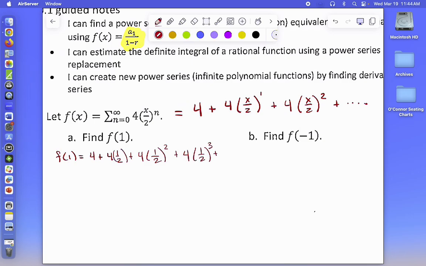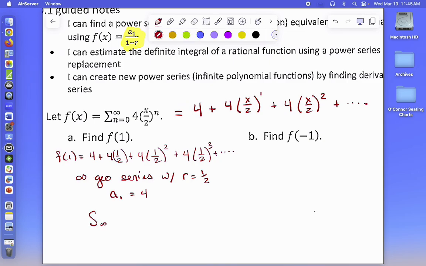And this is an infinite series. This is a geometric series, an infinite geometric series with a common ratio of 1/2 and our a sub 1 equal to 4.